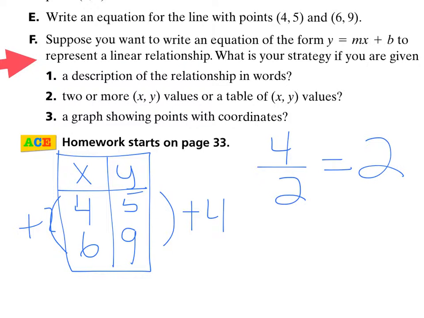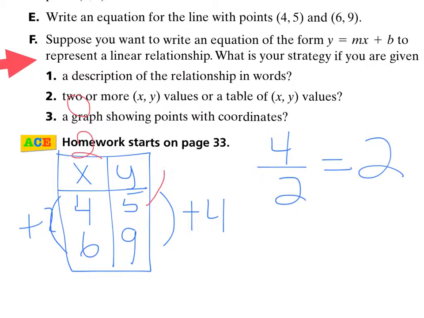So there's my slope. Next I need to find my y-intercept. And you remember on a table of values, that's where x is 0. I don't have 0 on my table, so I need to work backwards. I'm going to expand my table and put a 2 for x and a 0 for x. So I'm going backwards by 2 each time until I get 0. If I continue to go backwards for y, instead of adding 4, I'll subtract 4.